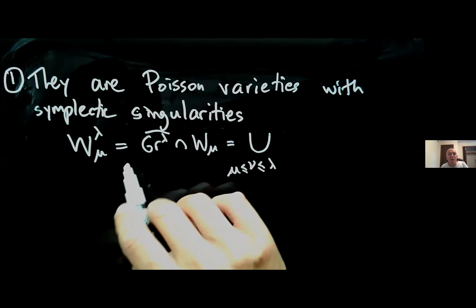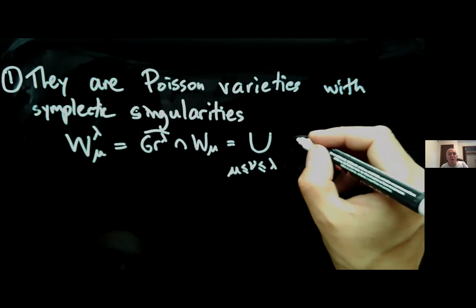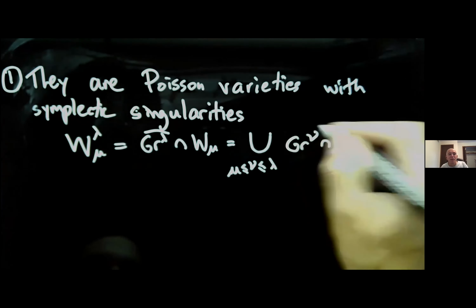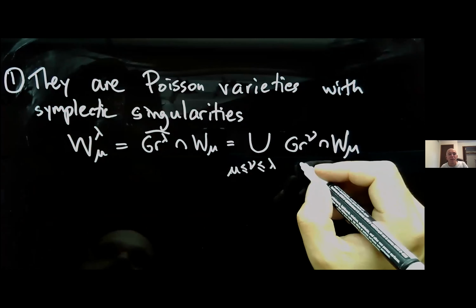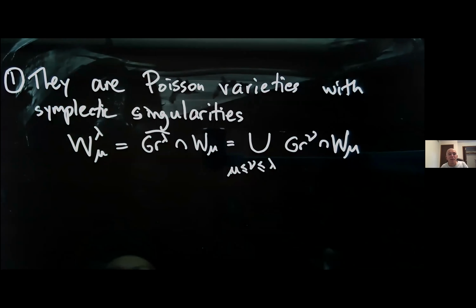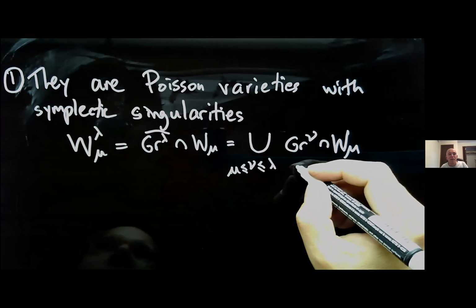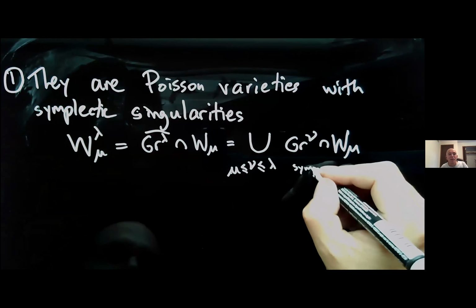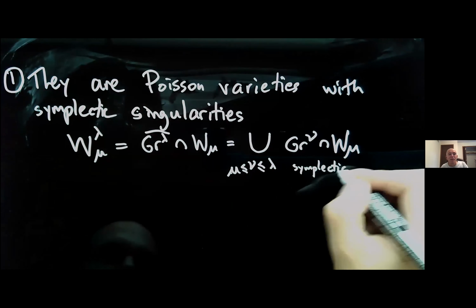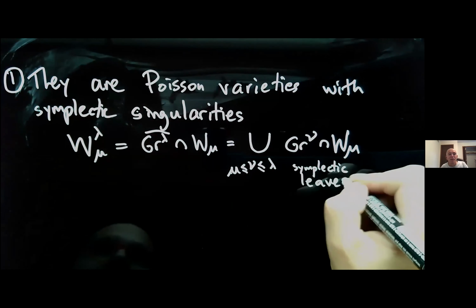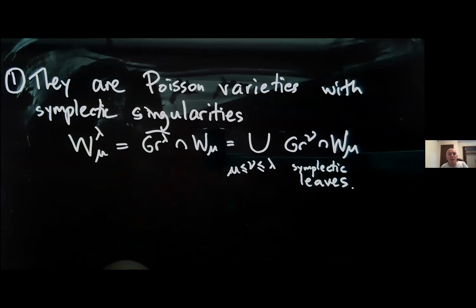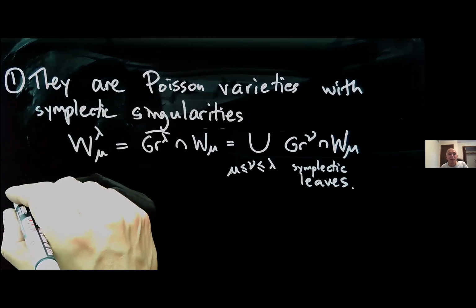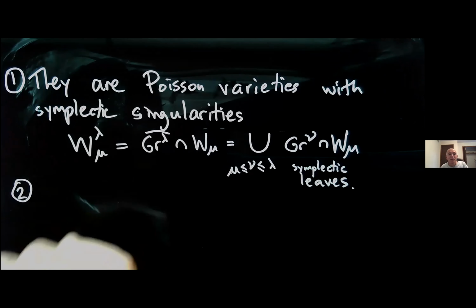And so the symplectic leaves are simply these intersections, without closure. So those are the symplectic leaves. So they have some nice structure in that way.